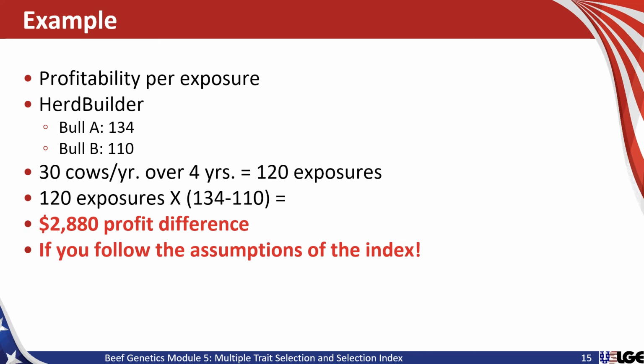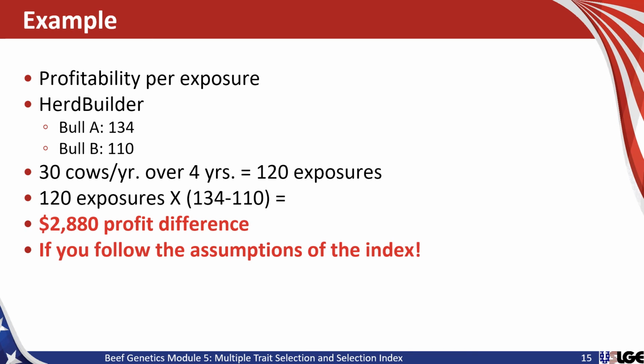If I make the assumption that each bull will be exposed to 30 cows per year over a 4-year time horizon, that's 120 exposures. If I multiply the number of exposures by the difference in their index values, I arrive at approximately $2,900 difference between the two bulls in terms of net profit, assuming that my breeding objective aligns with the assumptions of the index.